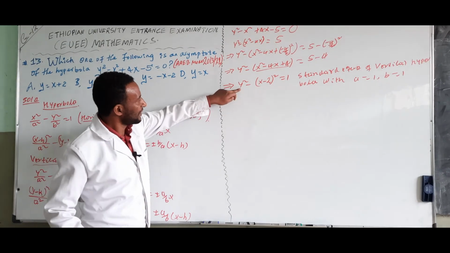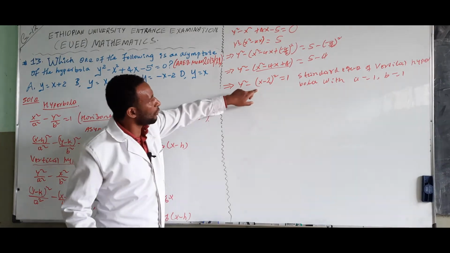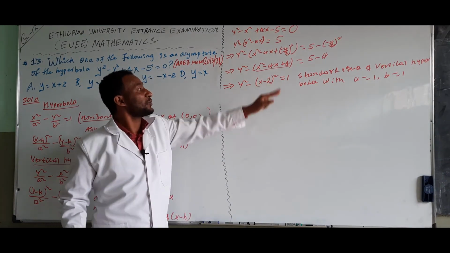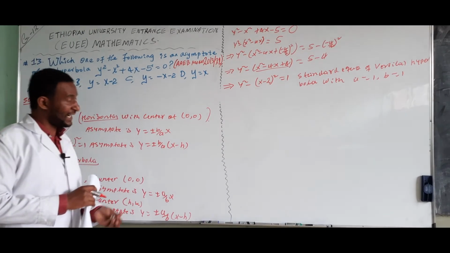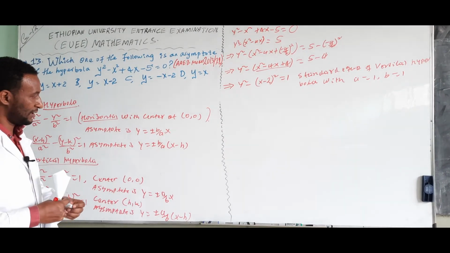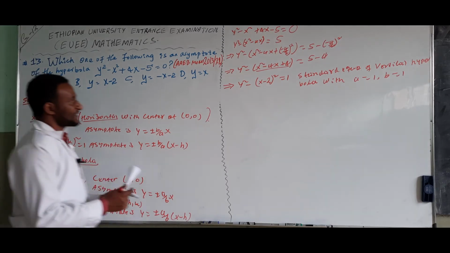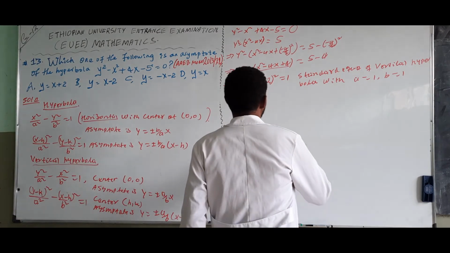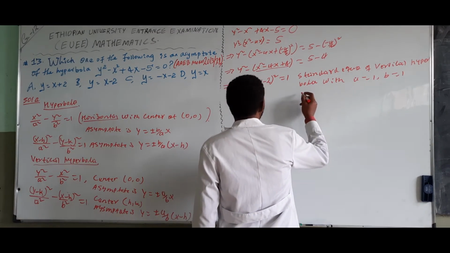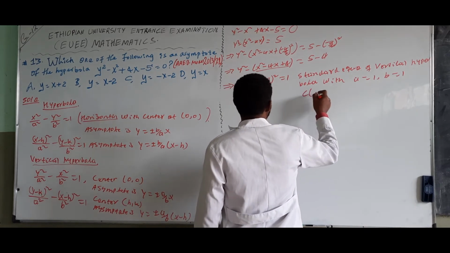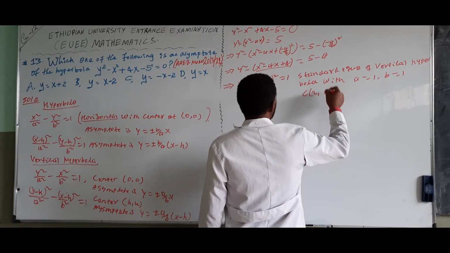When we take over 1 is equal to 1, this is the standard equation of a vertical hyperbola, because a vertical hyperbola can be written in this form. Therefore, we can find the center of this hyperbola. The center of this hyperbola is at 2, 0.